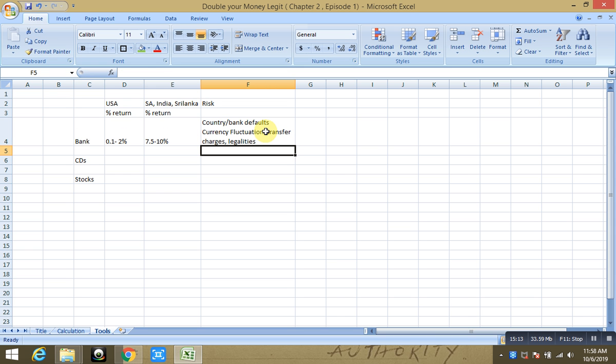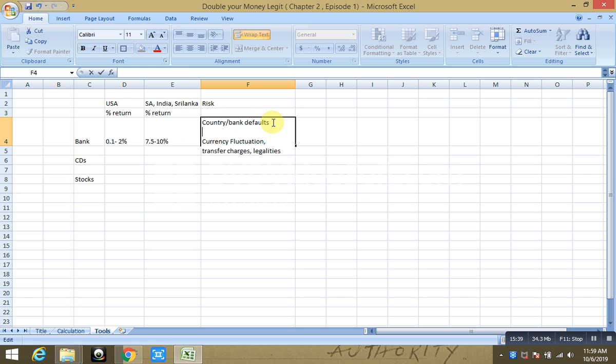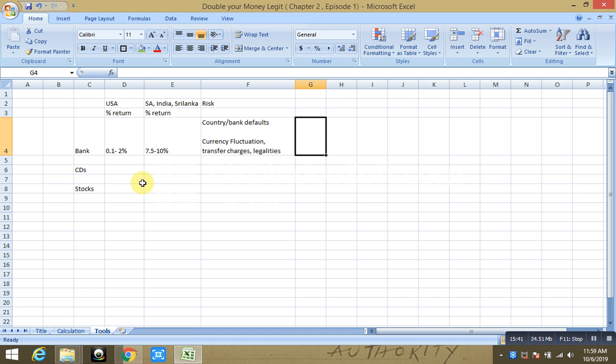Okay. The other option which we can do in the US is basically the CDs. If you go to any investment site, I don't know if all the investment sites offer it in the USA, but I've known from my sources that larger investment sites like Fidelity, etc., would offer something called CDs, which usually have interest rates varying between 2% to 7% depending on the risk you are willing to take.